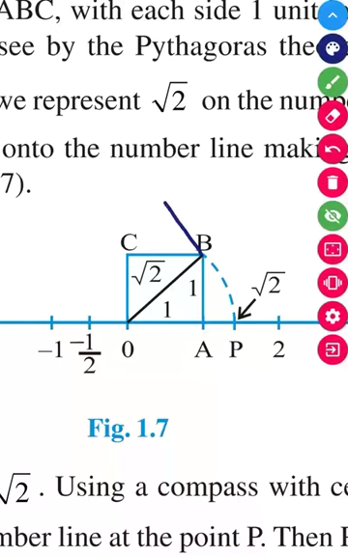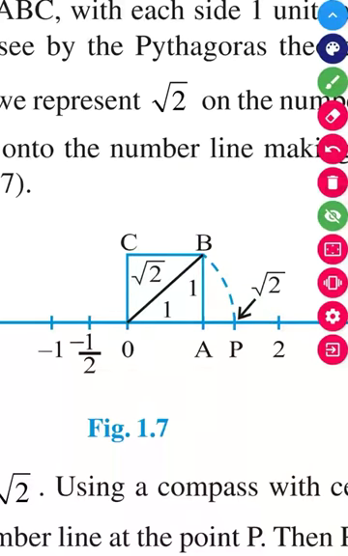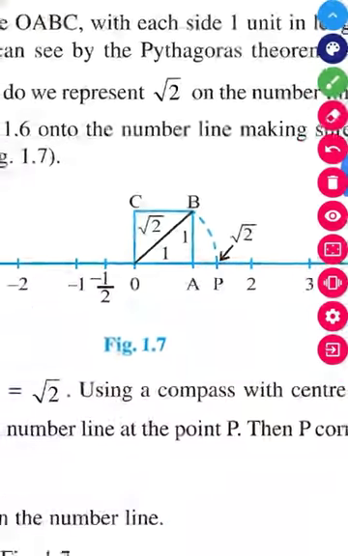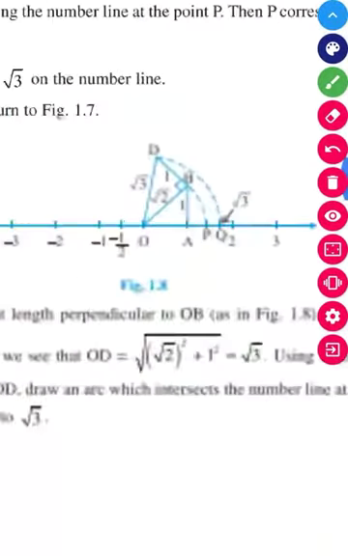We make the same line of 1 centimeter here, which is perpendicular to the line. That means it makes a 90-degree angle. Now we join this line, and using the compass we cut this line, which shows the root 3. In example 4, we see the same situation.